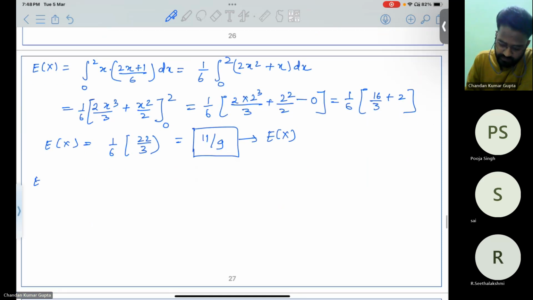Similarly, the expected value of x square.